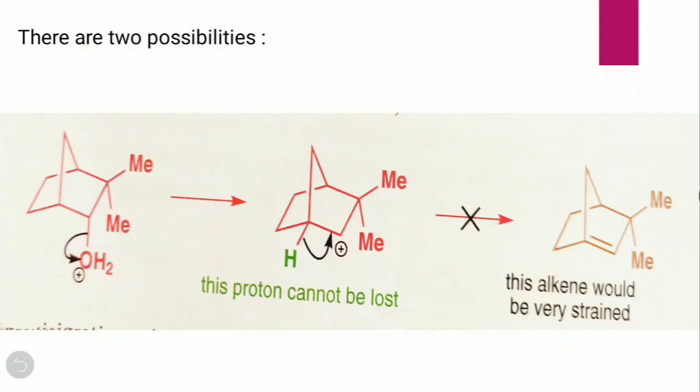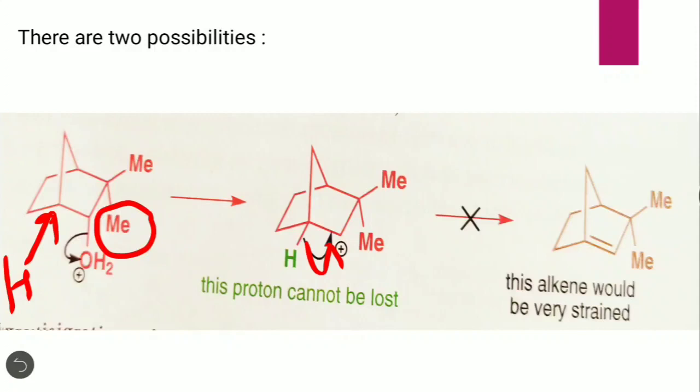You may have questioned why only this methyl group is migrated. Over here also there is a hydrogen, so it can also be migrated. So here are two possibilities. Let's see first the migration of the hydrogen.